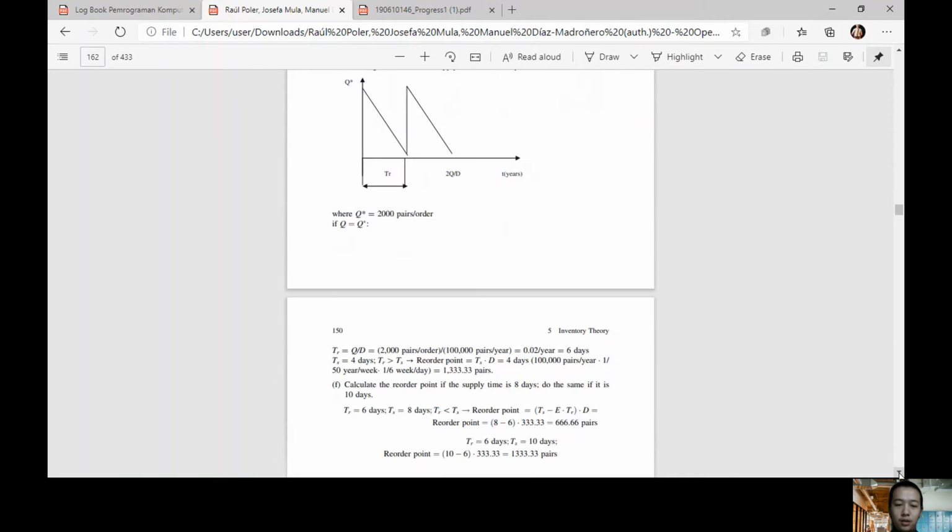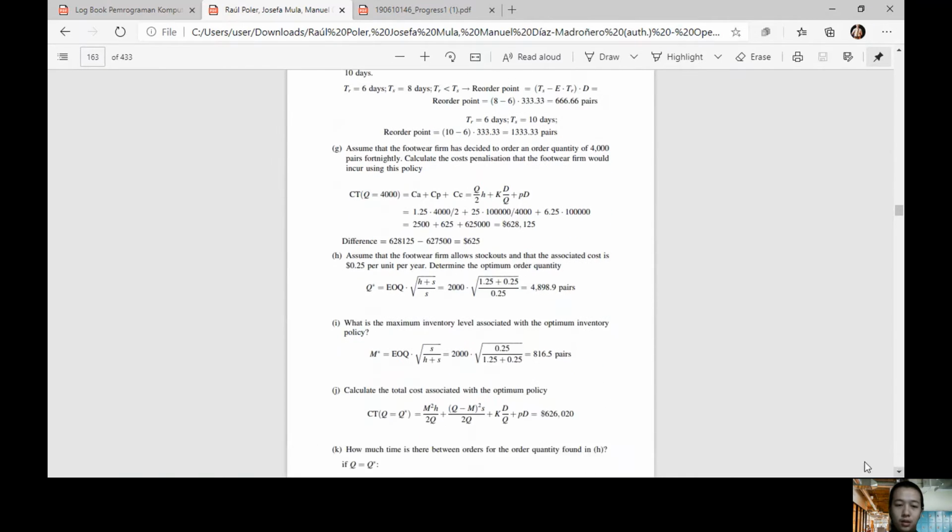The next one is the optimum order quantity, so it is the minimization cost of the order. And the last one is the maximum inventory level.